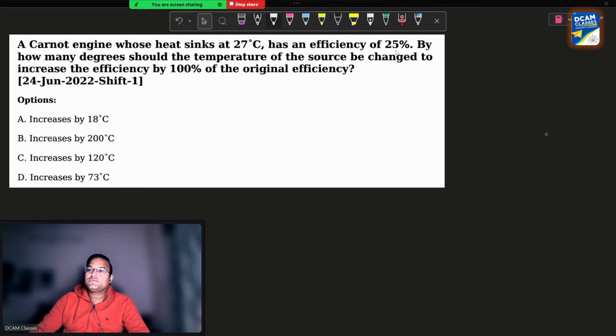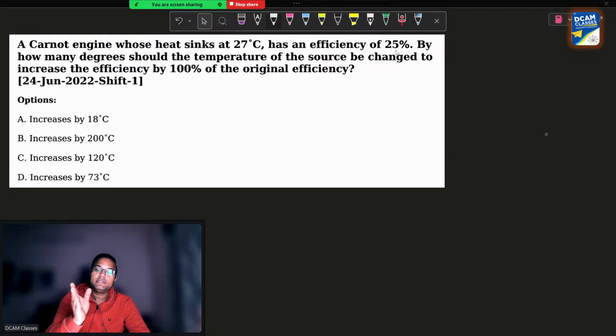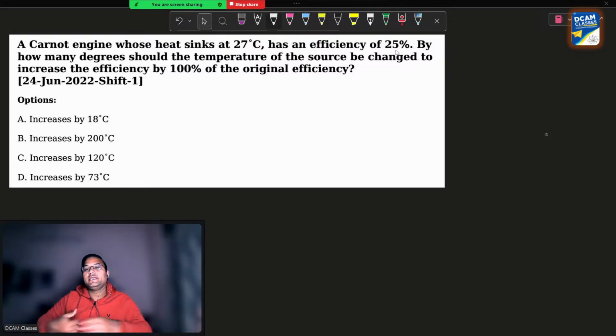Original efficiency was 25%. So 100% of the original efficiency means, again, 25%. So the 25% increase is also there. So now the efficiency of the engine has become 50%. 25% plus 25% equal to 50%. Initially, the efficiency of the engine was 25%. Now the efficiency of the engine has become 50%.